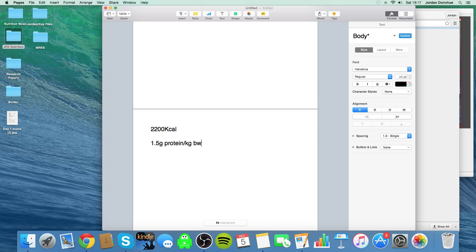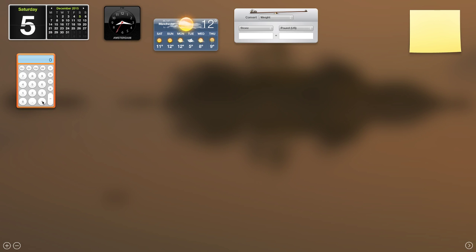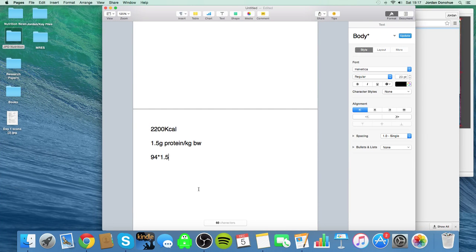We know that I weigh 94, so we're going to do 94 times 1.5. Back to our calculator, 94 times 1.5 is 141 grams of protein per day.